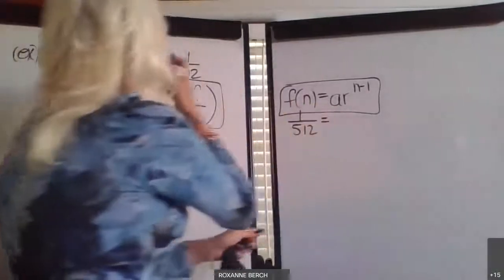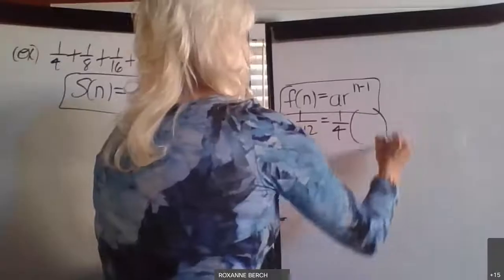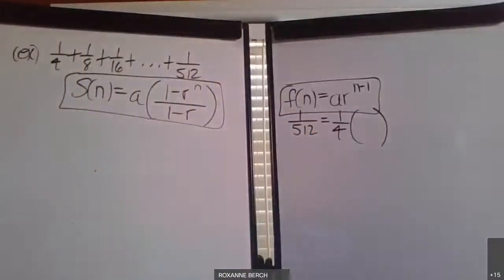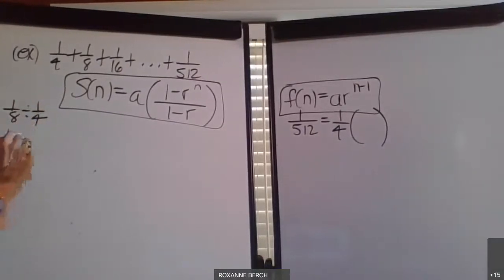The first position is going to be 1/4. We're still going to have to find a common ratio. So this is going to be 1/8 divided by 1/4, 1/16 divided by 1/8.